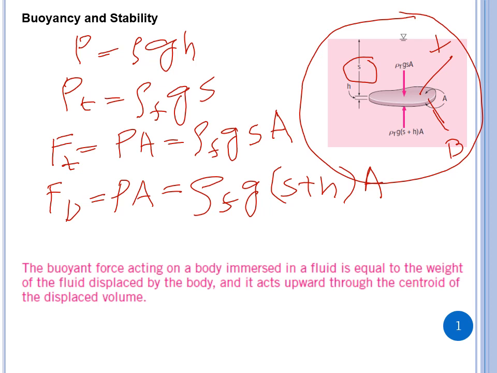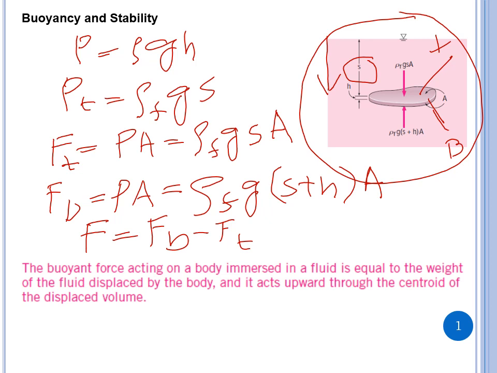Now the net force that is going to act on it is basically bottom force minus top force. If you think about pressure, the pressure is increasing downward because the height is increasing. So the bottom force, because of the higher pressure, is going to be higher than the top force. That's why I have written FB minus FT.